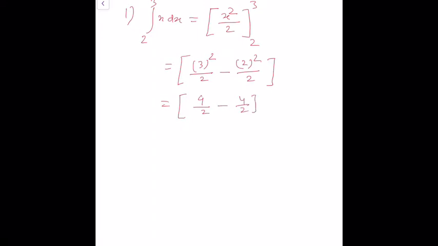First you put the upper limit in place of x, minus put the lower limit in place of x. So 3 threes are 9 upon 2, minus 2 twos are 4 upon 2. After calculation we will get 5 upon 2.